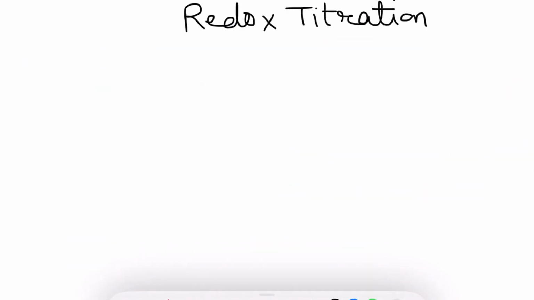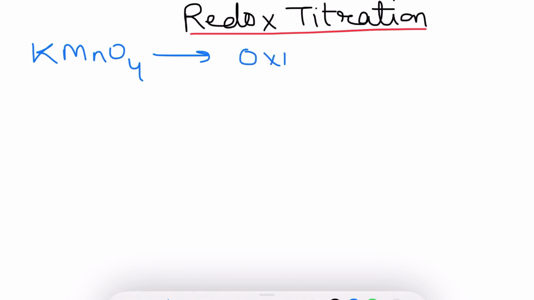In grade 12 volumetric analysis, we do redox titration where KMnO4, potassium permanganate, is used as an oxidizing agent.